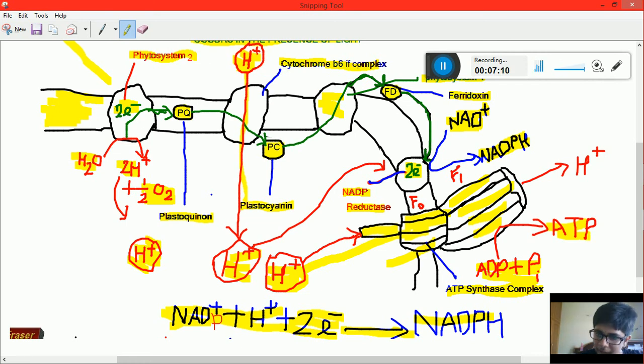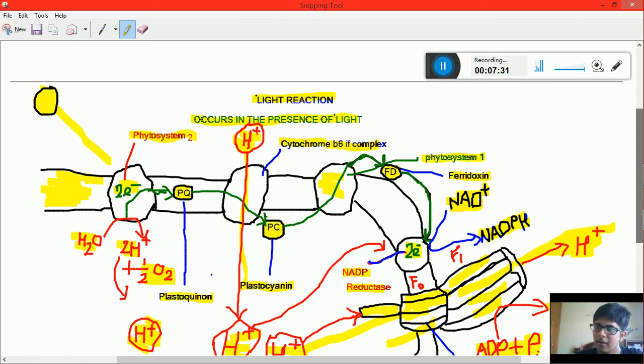Then that hydrogen is pumped out. So it is a kind of transport. It is helping in the reaction, acting like a catalyst. With the help of hydrogen, ADP and phosphate are converted into ATP, and thus ATP and NADPH are prepared. So what is the use of this?